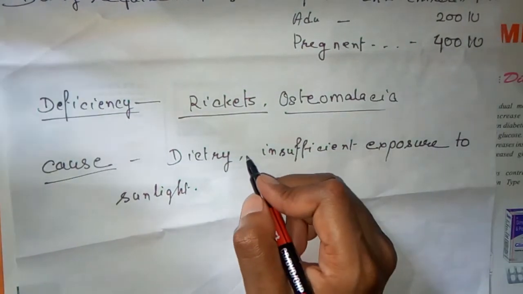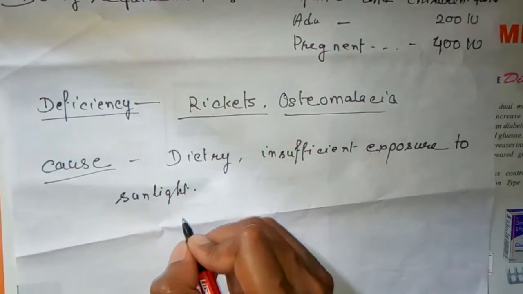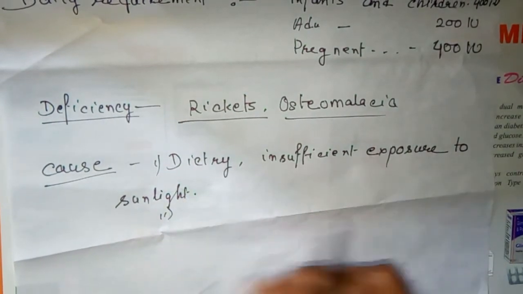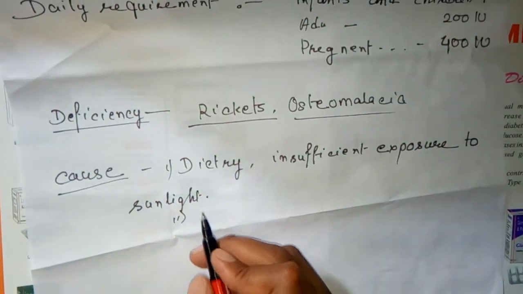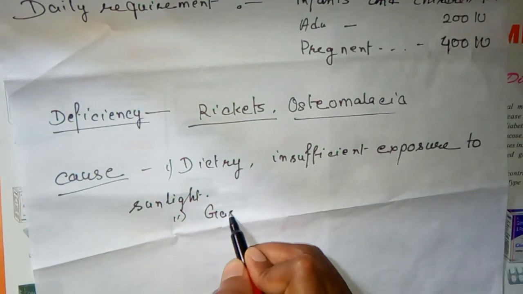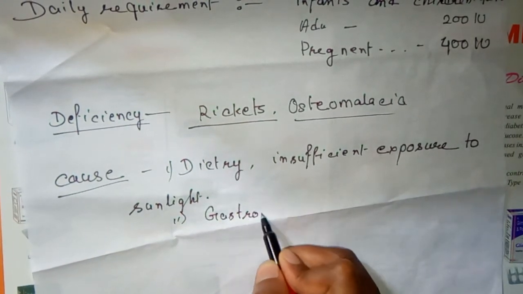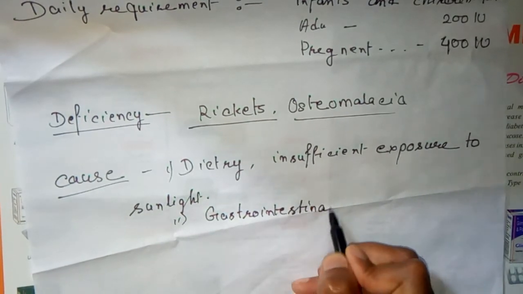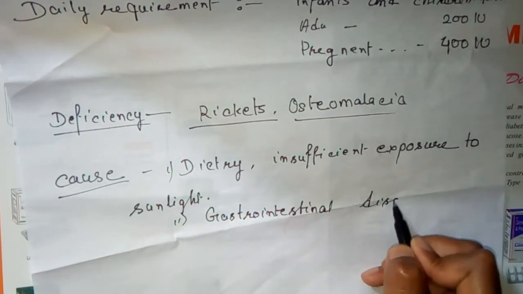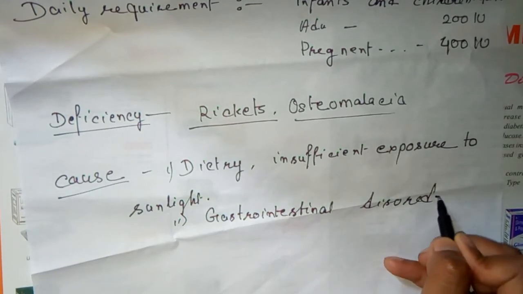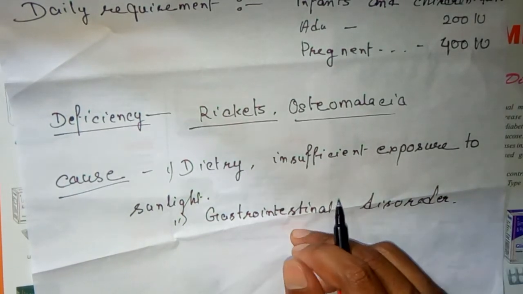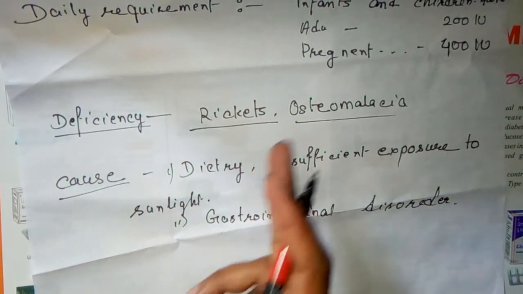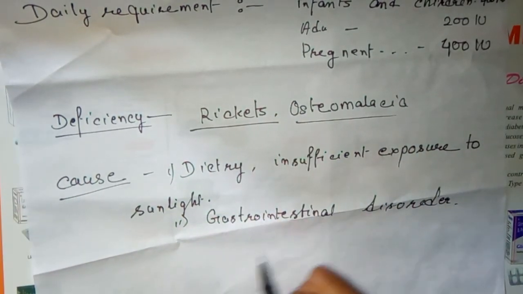Number two is gastrointestinal disorder. In gastrointestinal disorder, rickets and osteomalacia may occur.